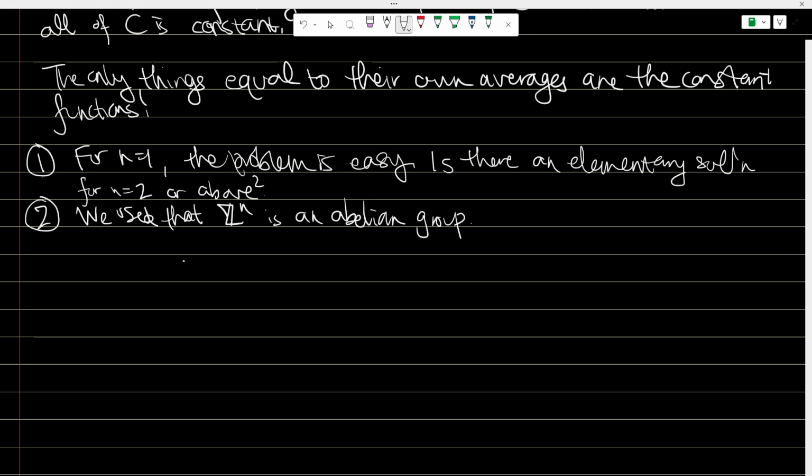If you take a non-amenable group and do this kind of translation setup on it, there are non-constant functions which are equal to their own averages in that sense. That shows up in the Lamplighter group. I never actually constructed an explicit example. It might just be impossible, but it's related to this non-amenability. Yeah, I just thought that was interesting.